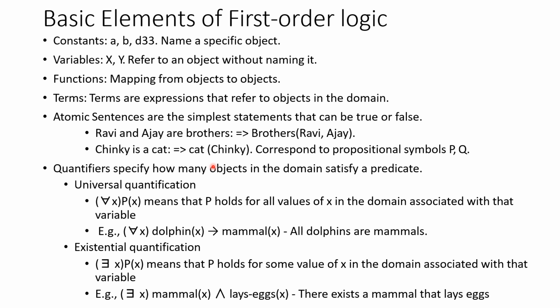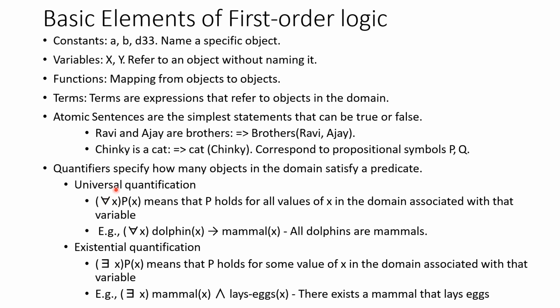Next is quantifiers. Quantifiers specify how many objects in the domain satisfy a predicate. There are different types of quantifiers: universal quantifiers and existential quantifiers. Quantifiers tell us how many objects satisfy a condition. In the case of the universal quantifier, we represent it as ∀x.